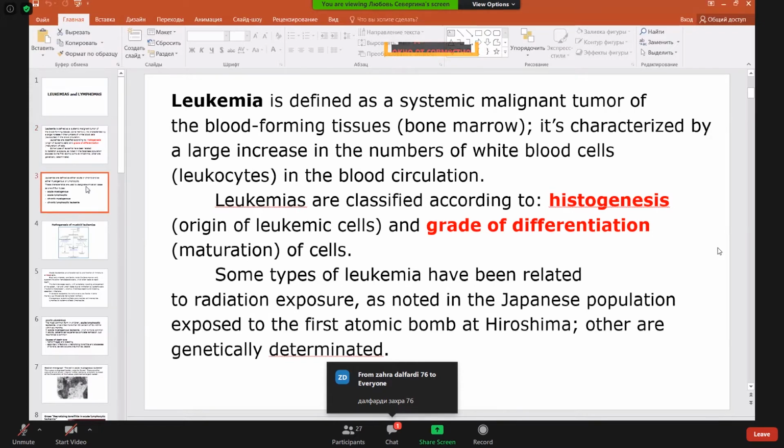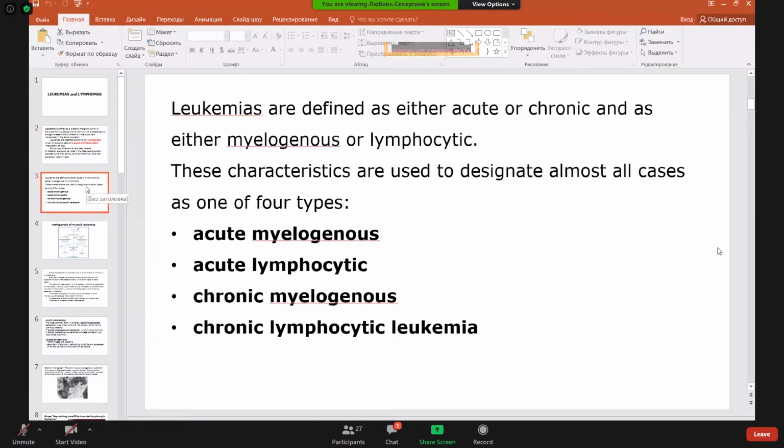So the next slide shows us the main forms of leukemias. All of these forms we will discuss during the exam. You can see on this list acute and chronic, the most popular variants. In general, the clinical behavior of acute leukemias resembles malignant tumors, and the clinical behavior of chronic leukemias resembles benign tumors.